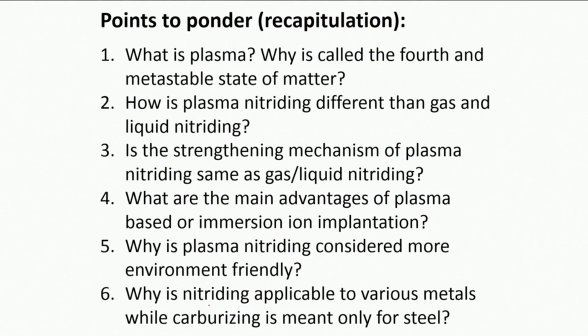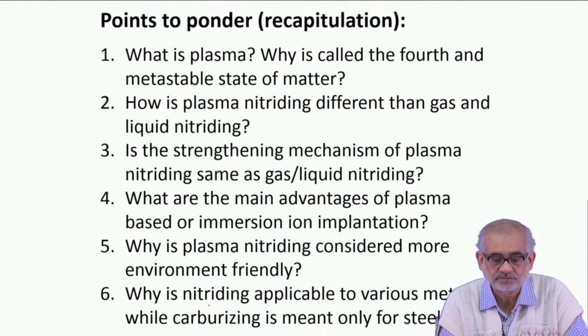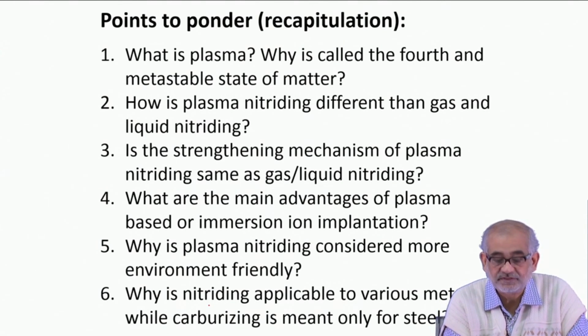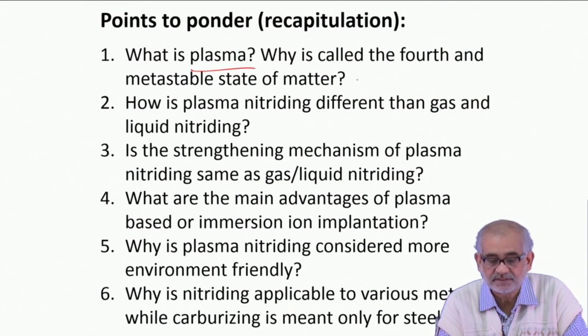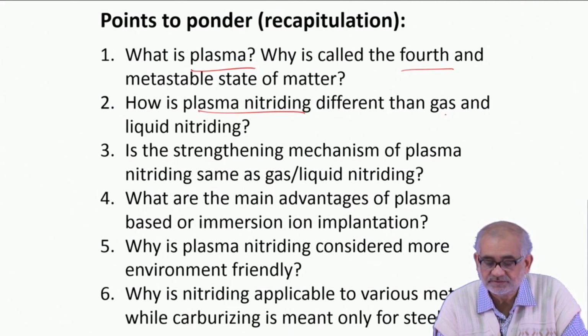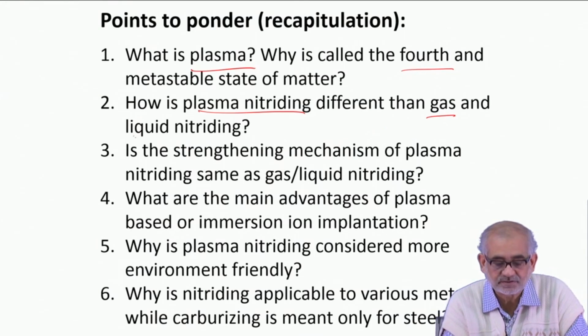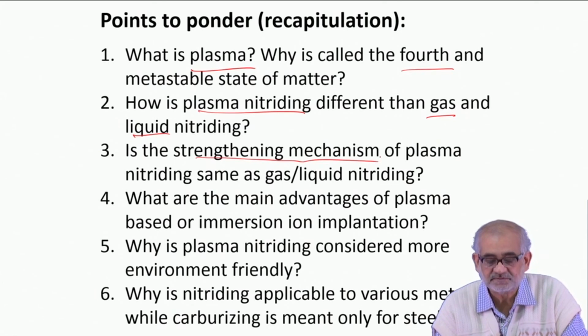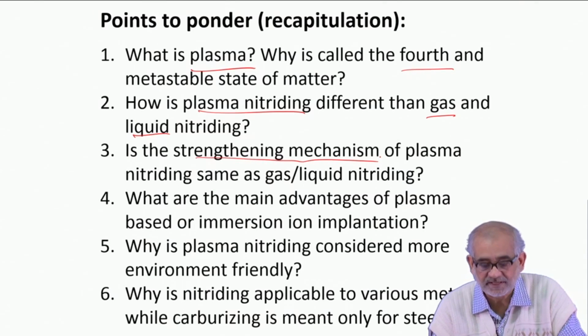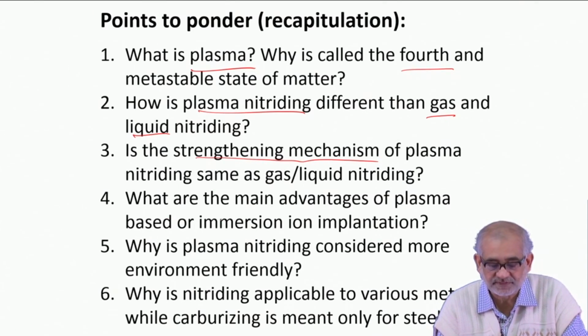So we should now try and recapitulate the whole exercise. We learned what is plasma. We understood why it is called the fourth and the metastable state. We understood what is plasma nitriding and how it differs from the so-called gas or liquid nitriding. We realized that the strengthening mechanism is identical to that in other forms of nitriding.